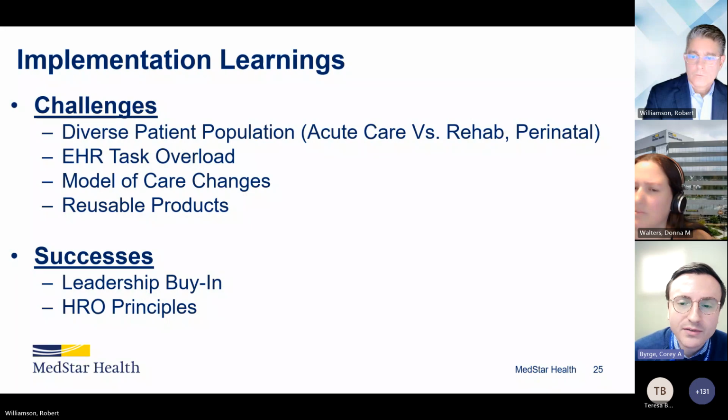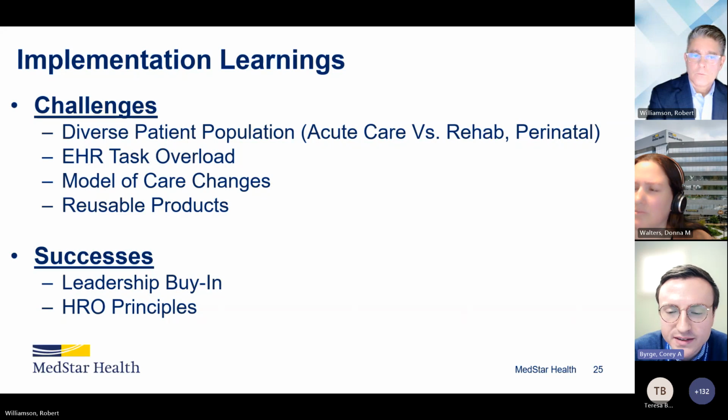Of course, we do have to note national workforce shortages and fundamental changes in models of care, particularly in the field of nursing, remain barriers to sustained use and education for safe patient handling practices. Additionally, we face challenges with reusable slings, as I've mentioned, including loss, and have had to pivot to disposable slings with supply chain partners.